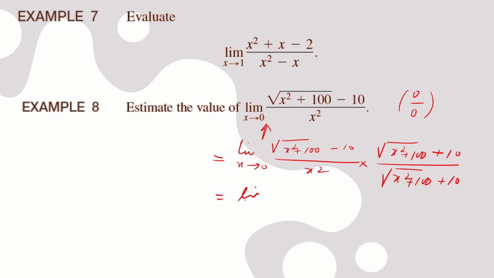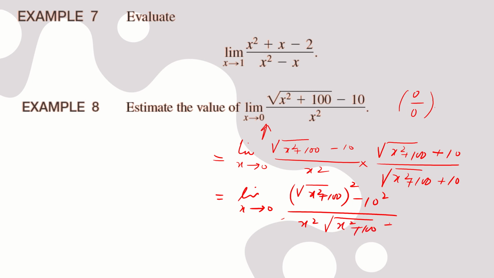So we have limit x goes to 0, that's a minus b into a plus b, so we get under root x square plus 100 whole square minus 10 square divided by x square into under root x square plus 100 plus 10. We can cancel these together, and then 10 square and 100 will cancel each other.